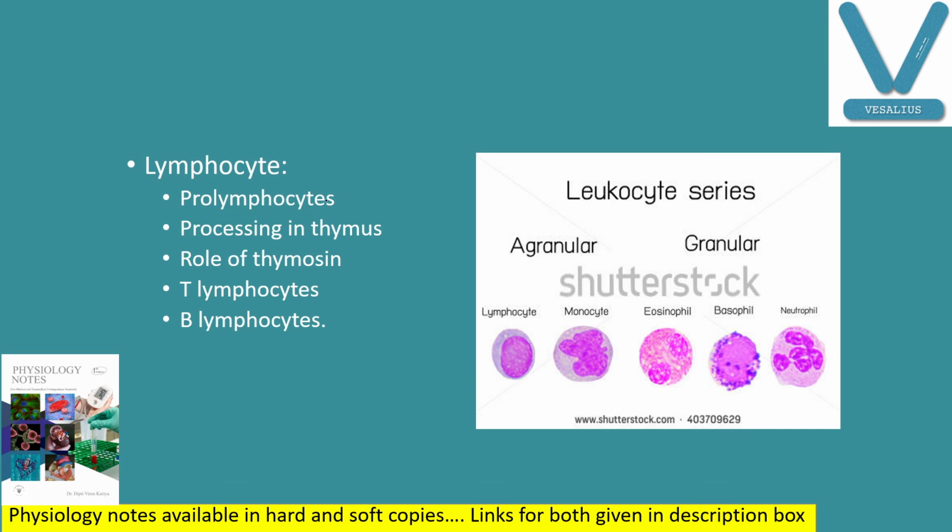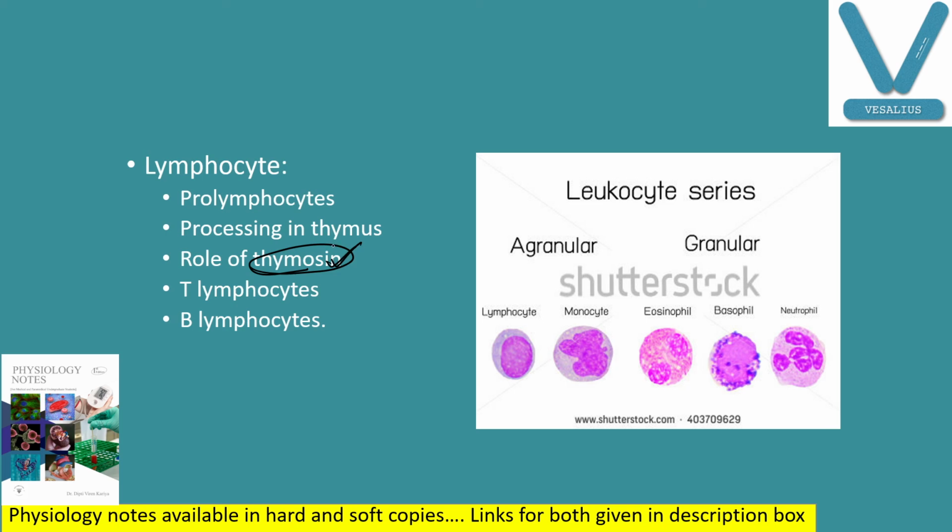Lymphocytes are large and small lymphocytes according to maturity. If the cell is immature, that is large, and if it gets mature, that is small lymphocyte. Some lymphocytes enter the thymus where they are processed and they form T lymphocytes. In thymus, there is a factor, that is a hormone, thymosin, which plays an important role in the maturation of T lymphocytes.